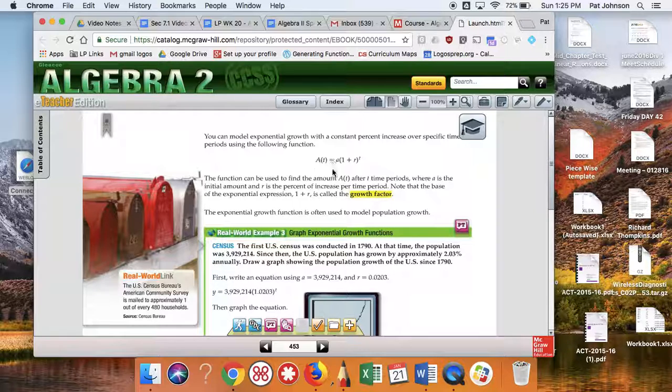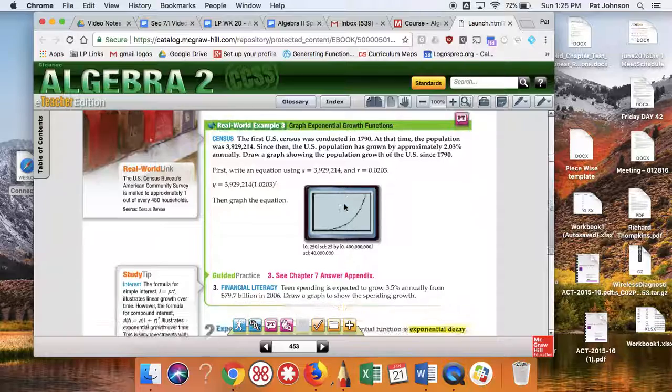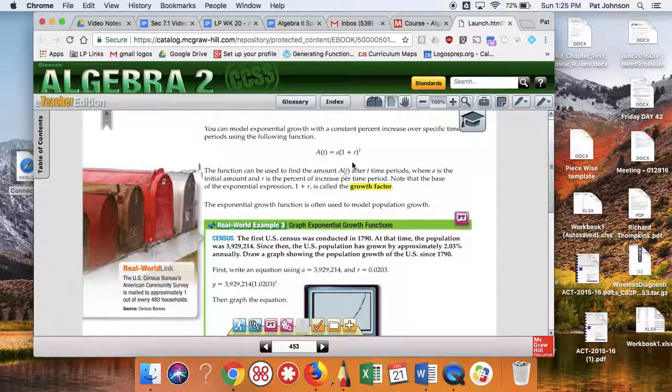And in this compound interest formula, A of t equals A times 1 + r raised to the t, where A is your principal amount that you started with, r is your rate of increase, and t is the time period that it is being put in the bank and earning interest. Okay, so notice the base is 1 + r.